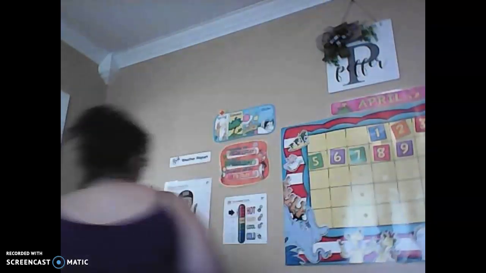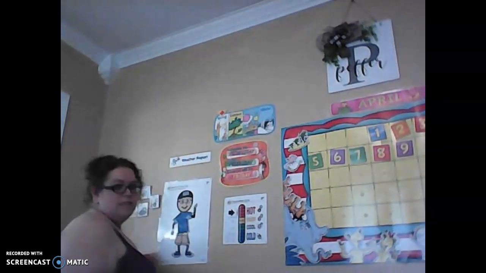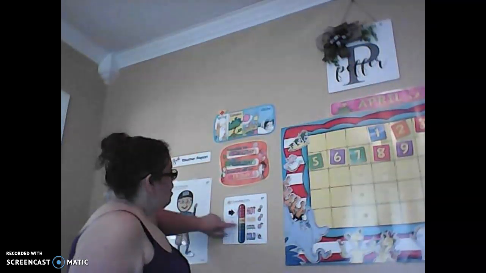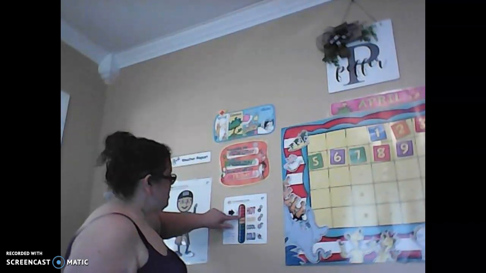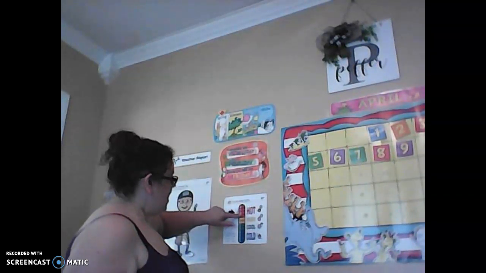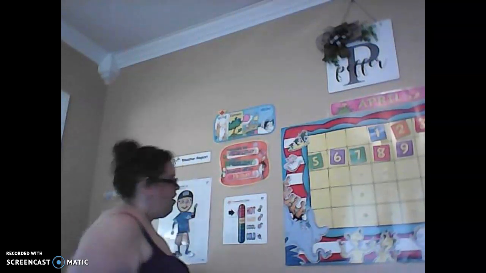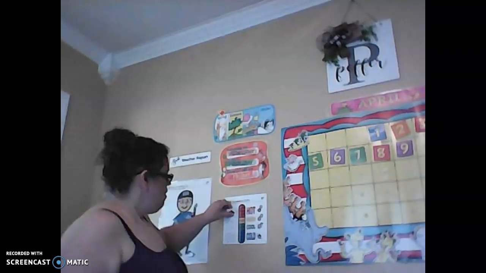So today's weather is 86 degrees and partly cloudy. All right, so let's look at our temperature chart. First of all, look here. So here's 50, 60, 70, 80, 90. All right, so where does our arrow go?